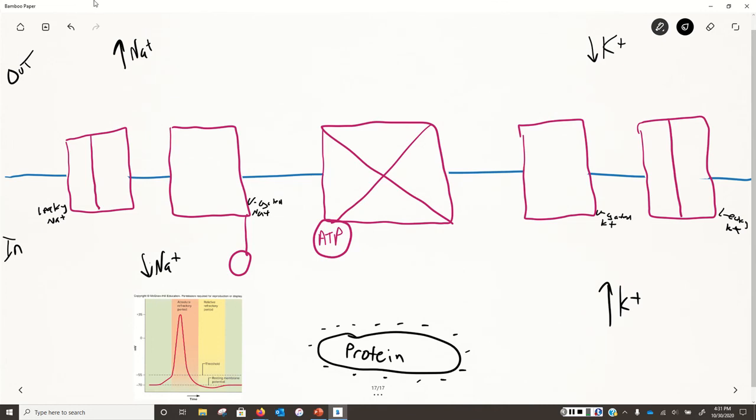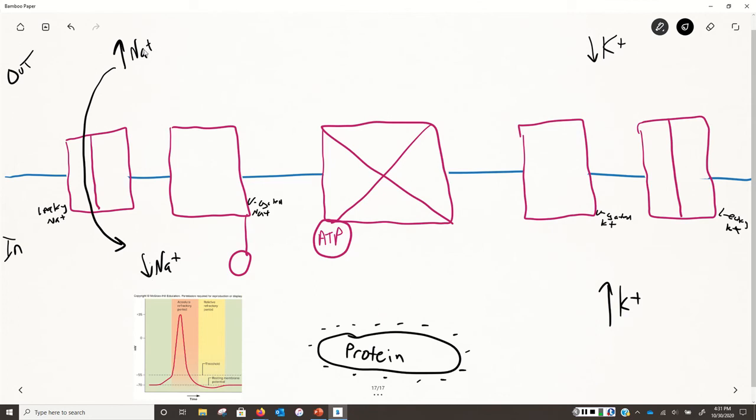And we said the inside of the cell is negative compared to the outside. So sodium is coming into the cell. It's coming into the cell down its concentration or chemical gradient, and also down its electrical gradient. Concentration from high to low.